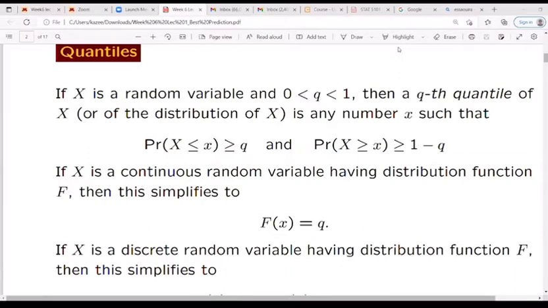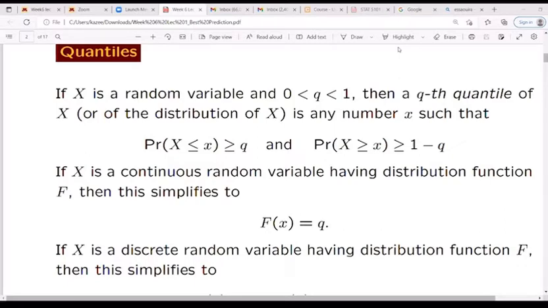Now you remember we work with continuous probability distributions.